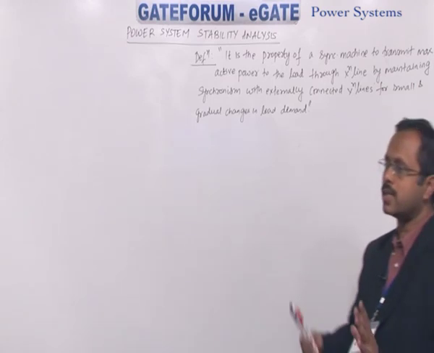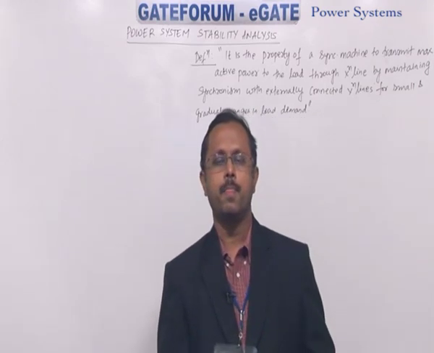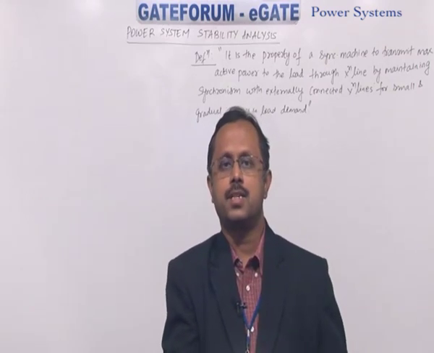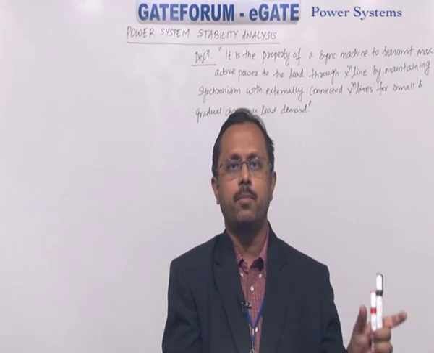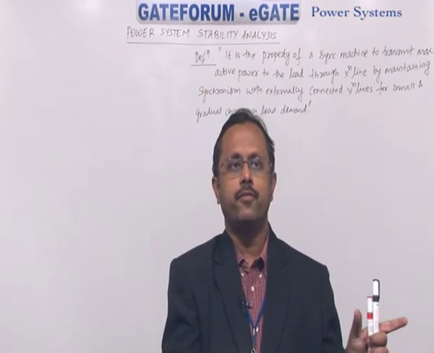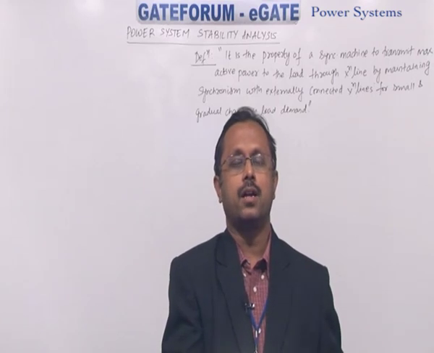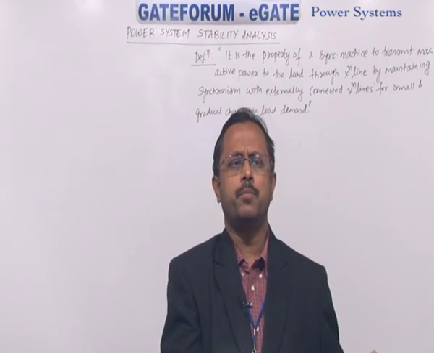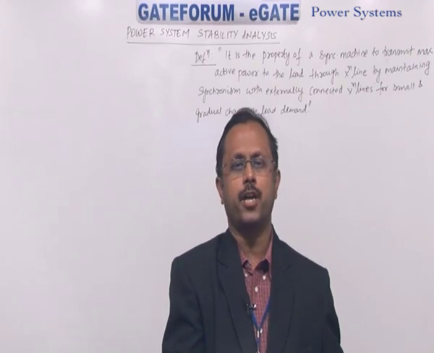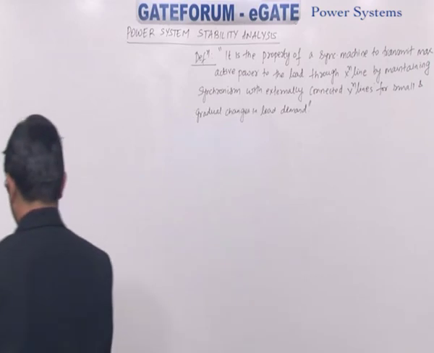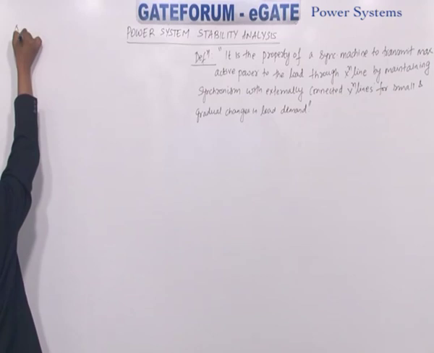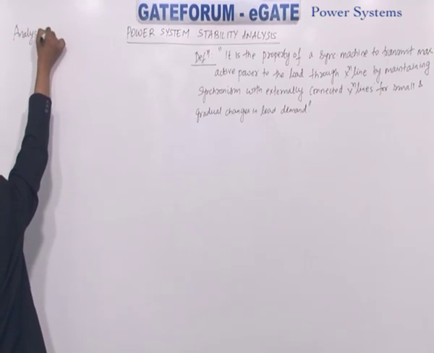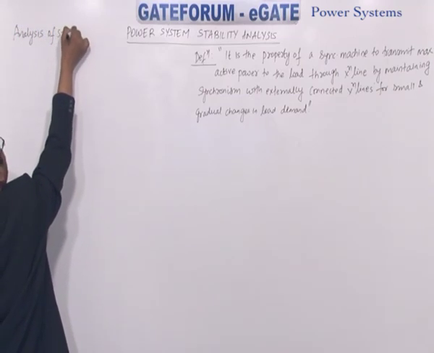Now, how to analyze steady state stability? There are different methods. The first method is we develop the static model for the given power system network. Static model means independent of time for a given power system network. So now you analyze steady state stability.